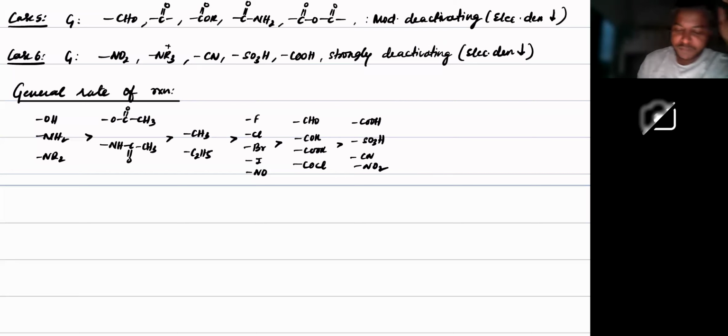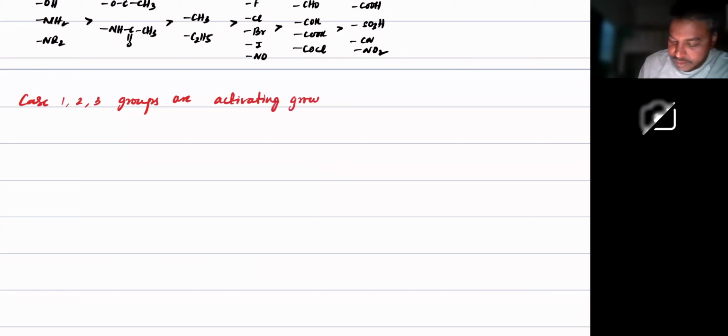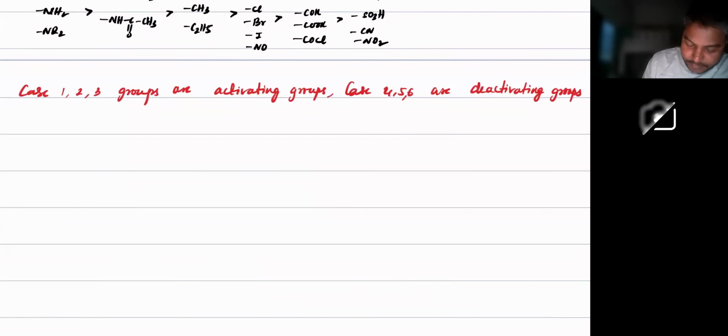So from here, what is the conclusion? See, cases 1, 2, 3 are activating groups. And cases 4, 5, 6 are deactivating groups. This is one important point.